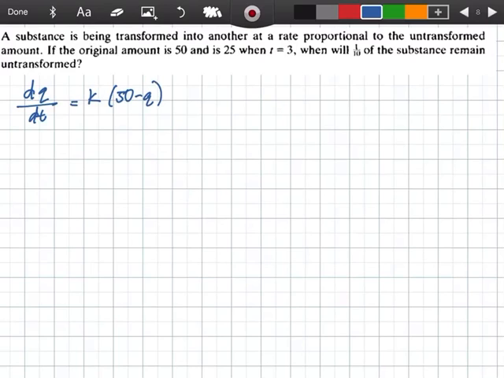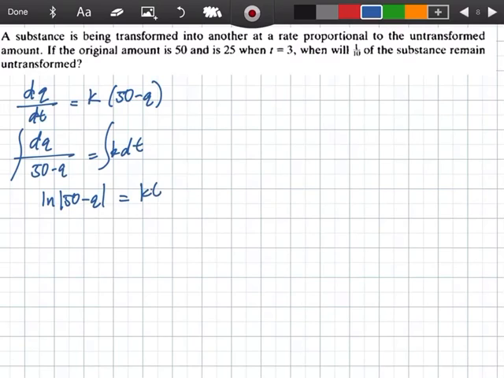And then, to get an equation, we combine them: dQ over 50 minus Q equals k dt. Integrate: ln of 50 minus Q is equal to kt plus C, where C we can make ln C, so that ln of (50 minus Q) over C is equal to kt, so 50 minus Q is equal to C e raised to kt.